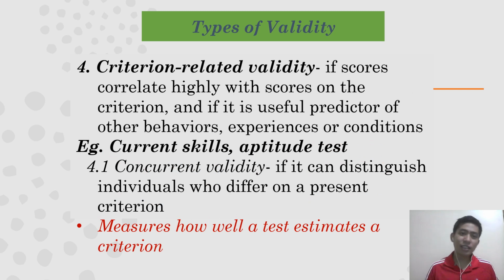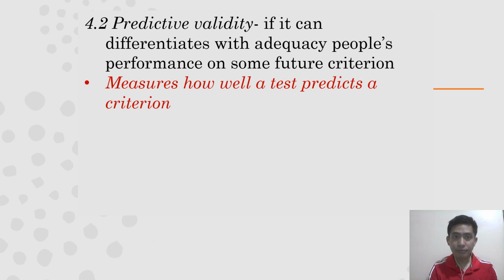Criterion related validity, if scores correlate highly with scores of the criterion, and if it's a useful predictor of other behaviors, experiences, or condition. Current skills, aptitude test, concurrent validity is if it can distinguish individuals who differ on a present criterion. Predictive validity, if it can differentiate with adequacy of people performance on some future criterion.